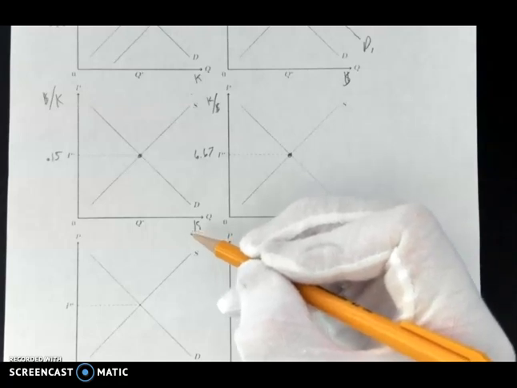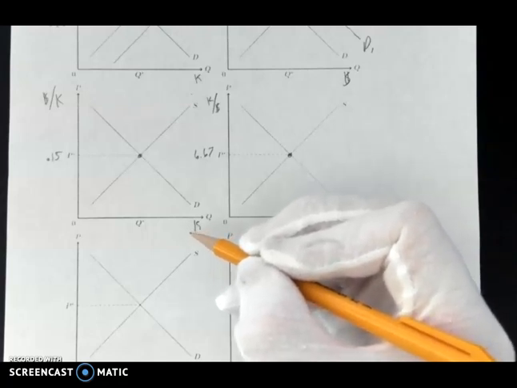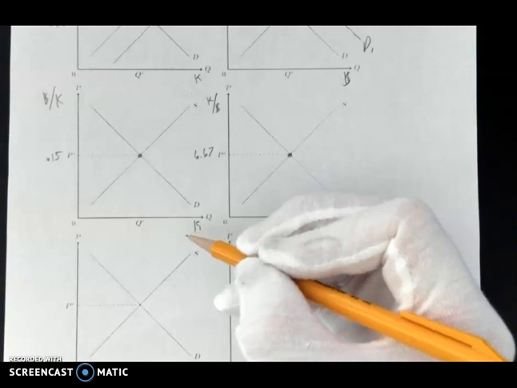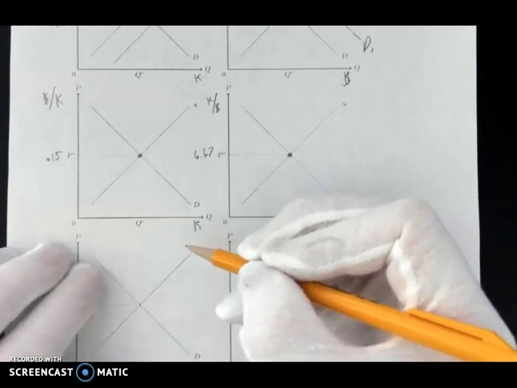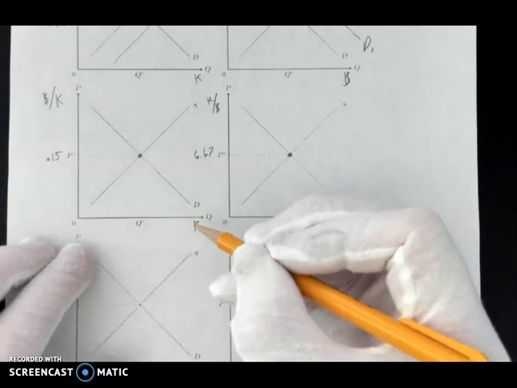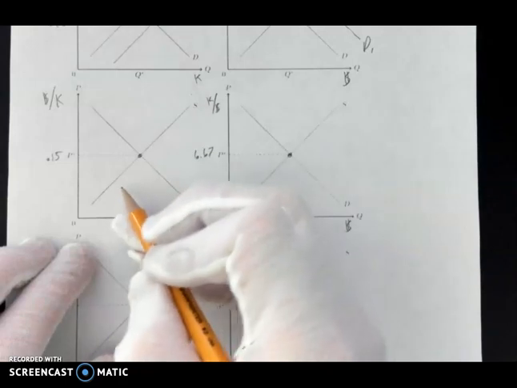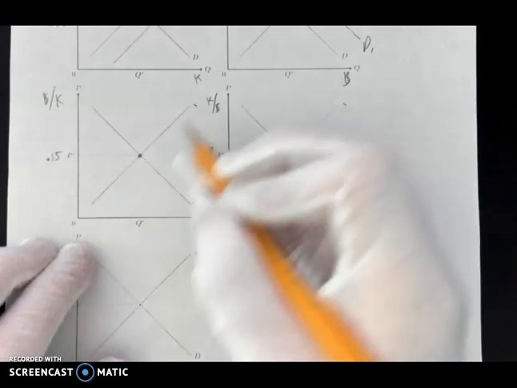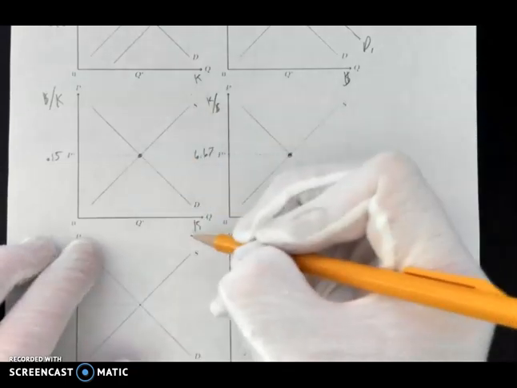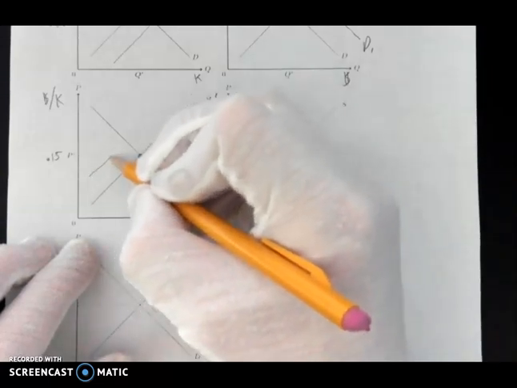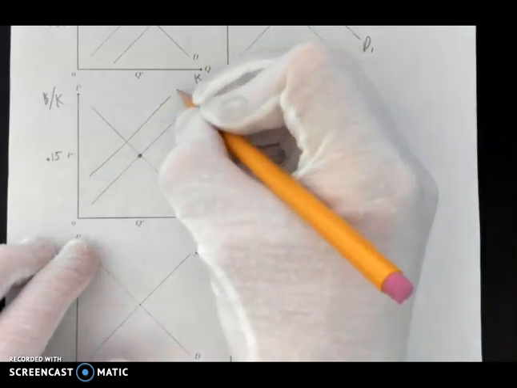Are they going to want to shop in a country where inflation rates are higher or in their own country? So they're going to want to shop at home more and not in the US. Well, what side of this market do they control? We just talked about that, the supply side. So the supply of krone is actually going to shift to the left. They're going to supply less krone. So we go from S to S1.